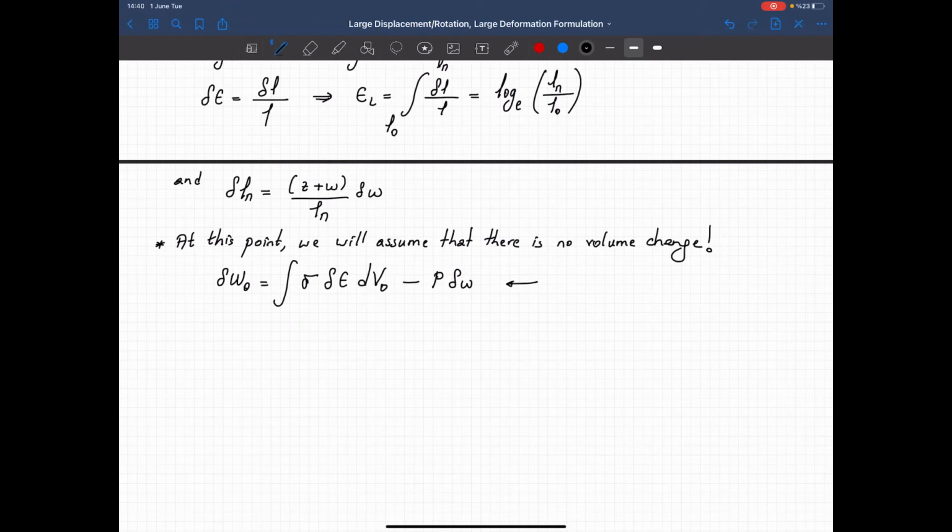So this expression, the virtual work expression, is written with respect to the original configuration.